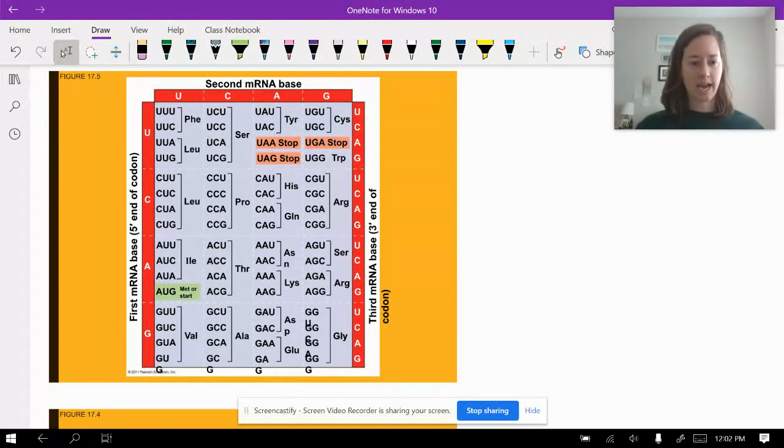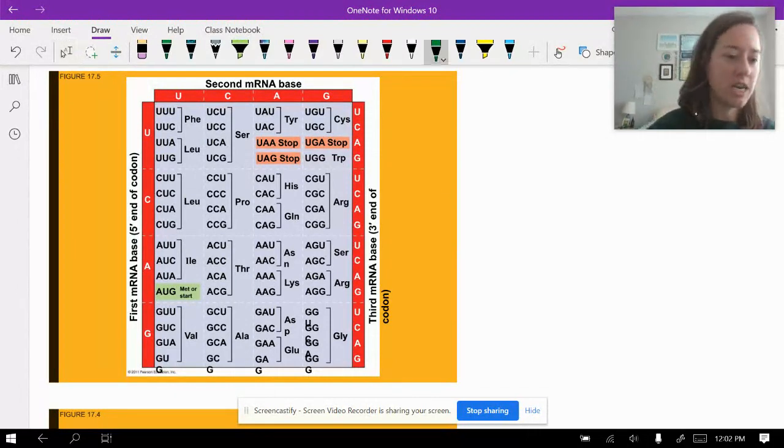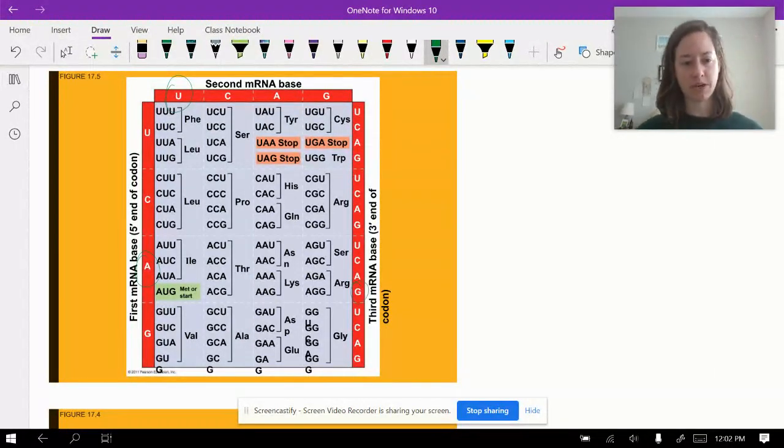So let's say that I had AUG. A is here, U is here, and G is here. So I'm looking for the place where all three of those interact. Of course, it would be AUG. The amino acid that goes with that is methionine.